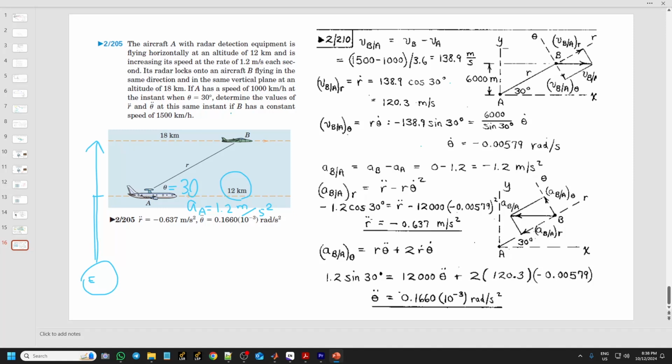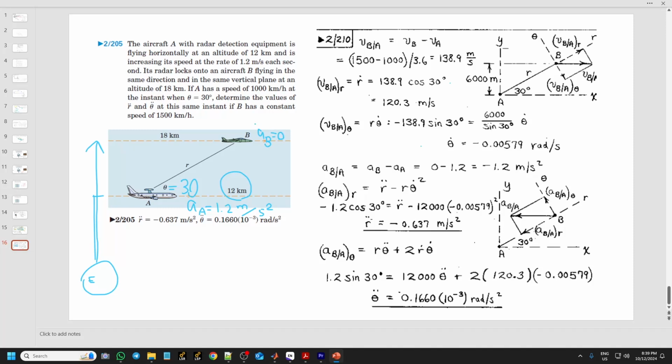degrees, determine the values of r double dot and theta double dot at the same instant if B has a constant speed of 1500 kilometer per hour. So it means that the acceleration of B is 0.